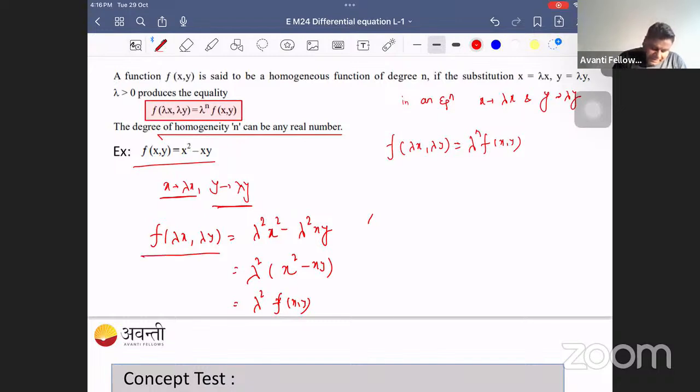So here, if you replace, it becomes lambda square x square minus lambda square xy. Take lambda square common, it is x square minus xy. So here what did I get? f of lambda x, lambda y is lambda square f of xy.